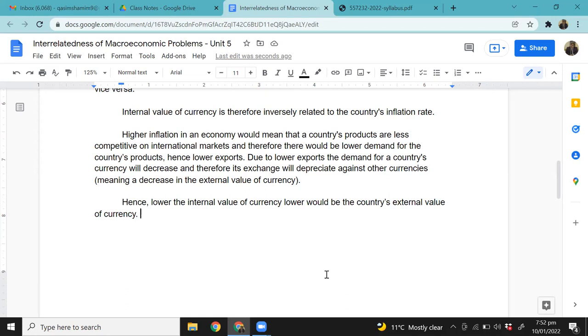So you export less, the demand for your currency is less, and therefore your exchange rate depreciates. So the external value of currency also decreases. The two things are going in the same direction. The lower the internal value of currency, the lower would be the external value of currency, and vice versa. The higher the internal value of currency, the higher would be the external value of currency.